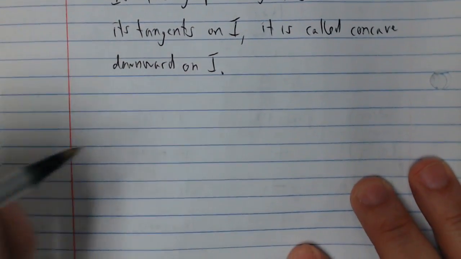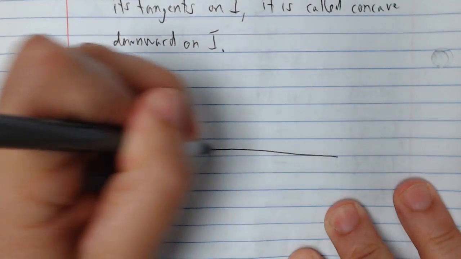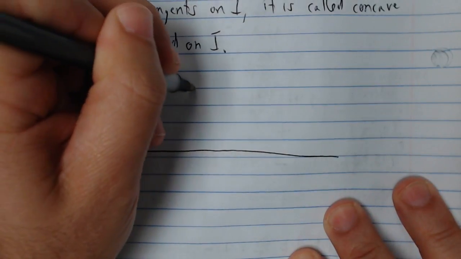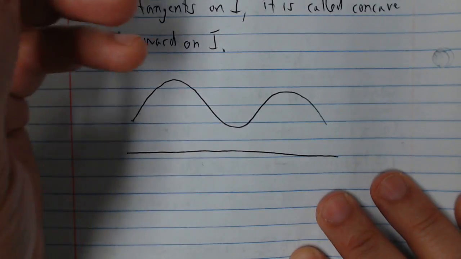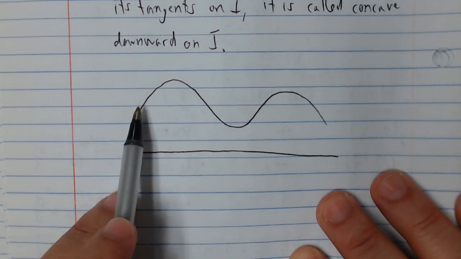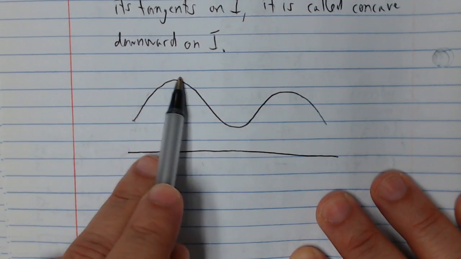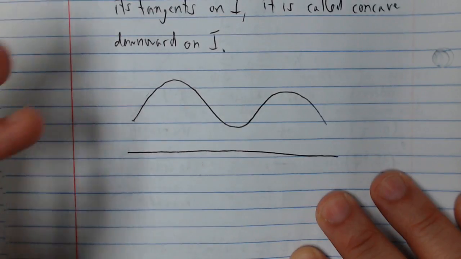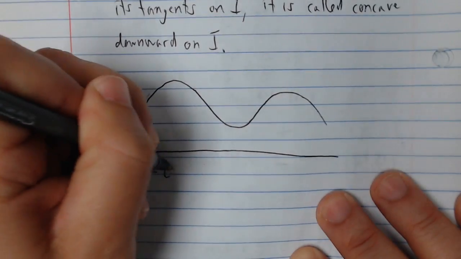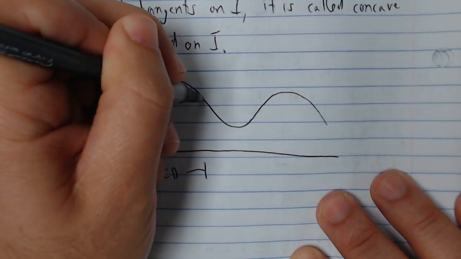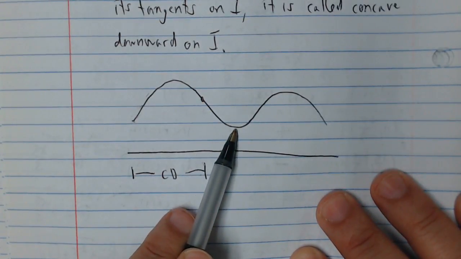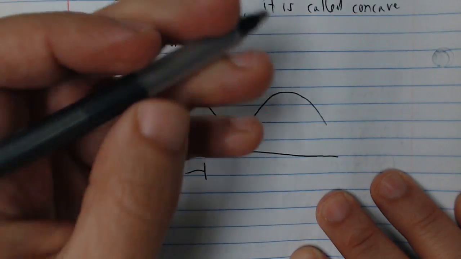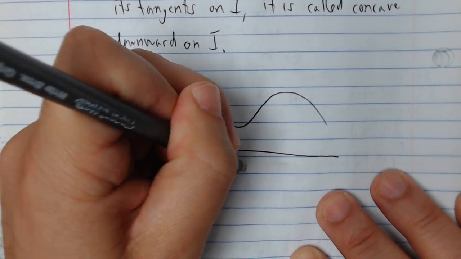So if I were to draw a generic curve that looks something like this, what do I notice? Here, if you draw your tangents, notice how your tangents are above the curve. So from here to here, it's concave down. And then at some point, the tangents go below the curve, and that's concave upward.